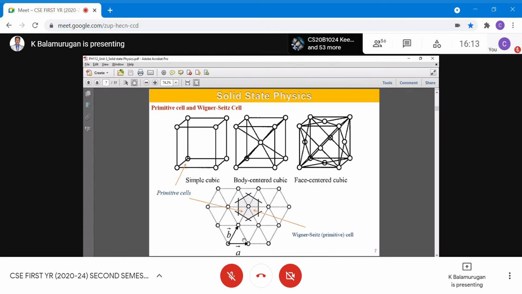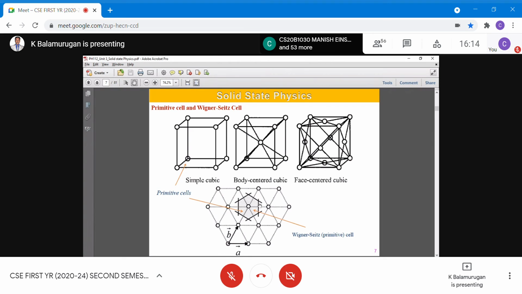So you draw this hexagonal lattice. You have A and B as the lattice vectors in 2 dimensions. The third dimension is not existing, only 2 dimensions, A and B. In all directions, between any 2 lattice points, you draw a line at the intersecting point, exactly at the half distance of the line connecting the 2 lattice points.